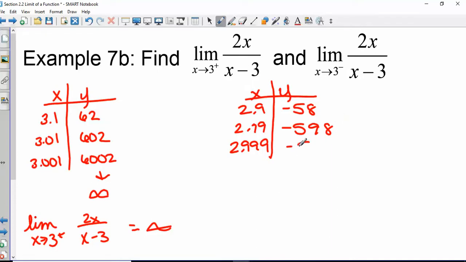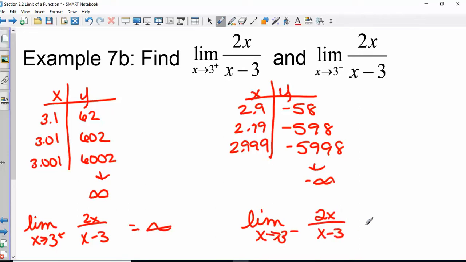So what's happening to these? So the limit as we approach 3 from the left is negative. Could you plug a 3 into this original equation? No, we have a vertical asymptote there. It's not defined at 3.